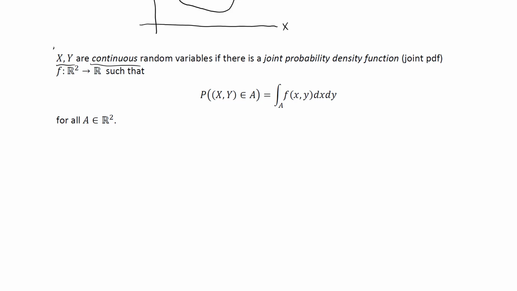We say that they are continuous if there exists a joint probability density function, abbreviated joint PDF, f, which is a function from R2, that is the Cartesian coordinate system, into R, gives me a real number, such that the probability of this particular event, that (X, Y) ends up in the area A, must be precisely equal to the double integral over A of this joint PDF function.